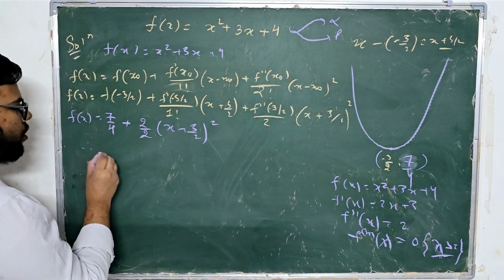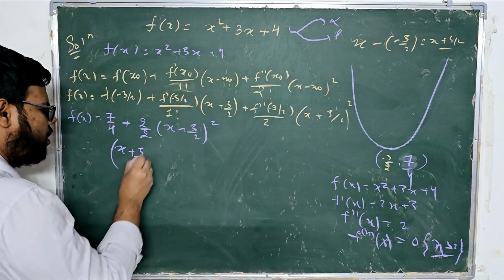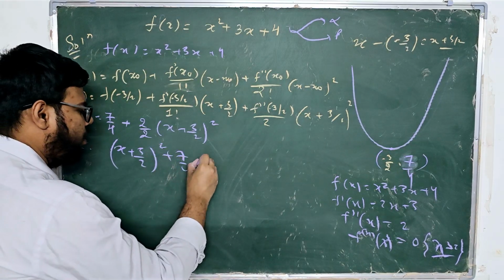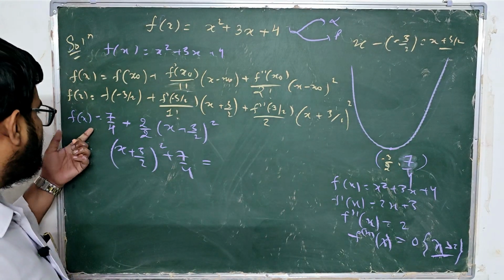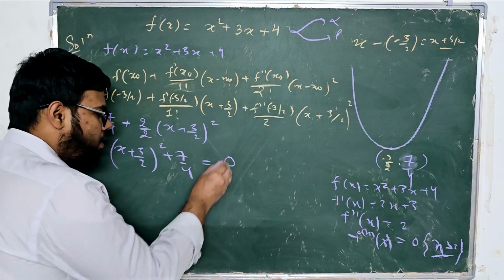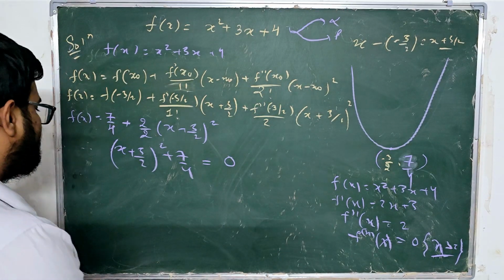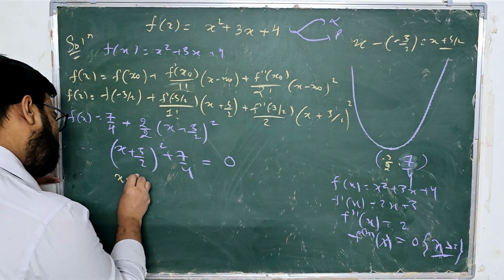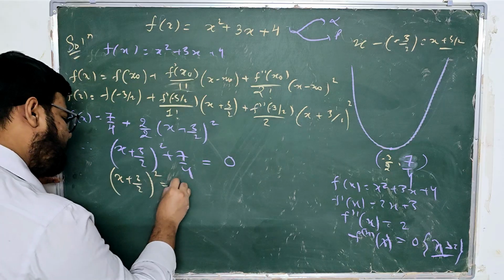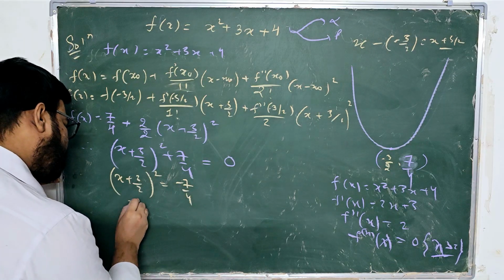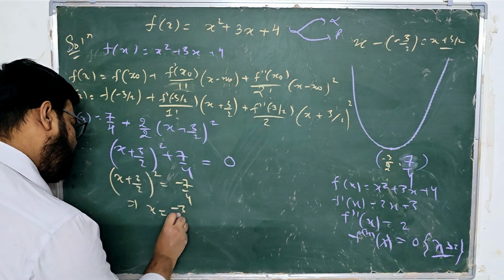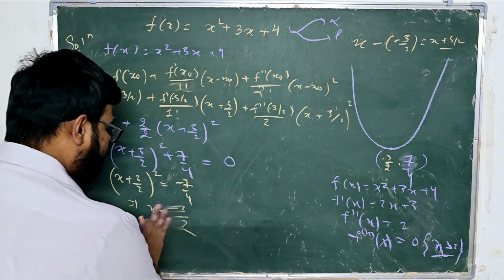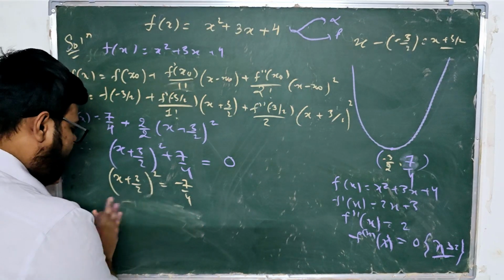So you get (x + 3/2) whole square plus 7/4, and since we want the root, we'll set f(x) equal to 0. So you'll get (x + 3/2) squared is negative 7/4. Well, let me solve it properly.